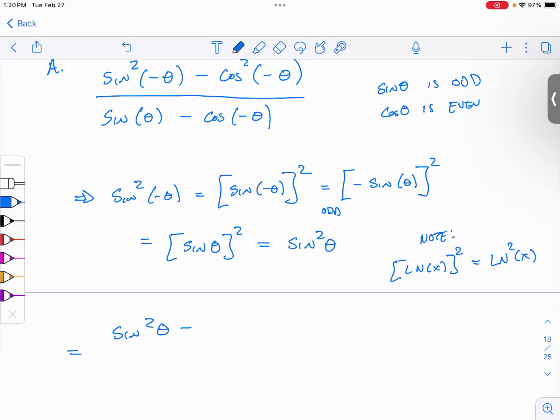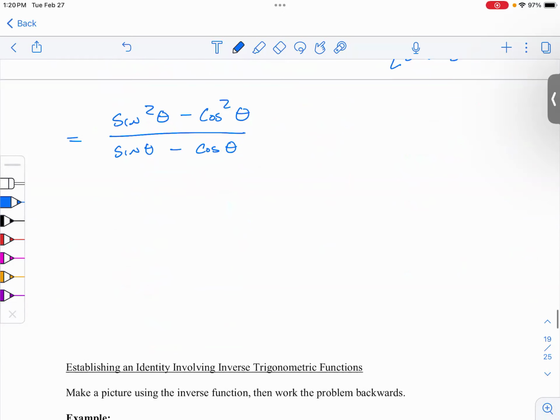It's even easier. Technically, because it's even, that negative becomes a positive. So that becomes cosine theta squared, sine theta minus cosine theta. So with even and odd properties, this simplified pretty wonderfully for us.